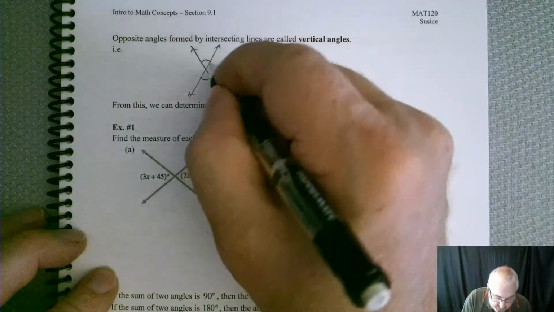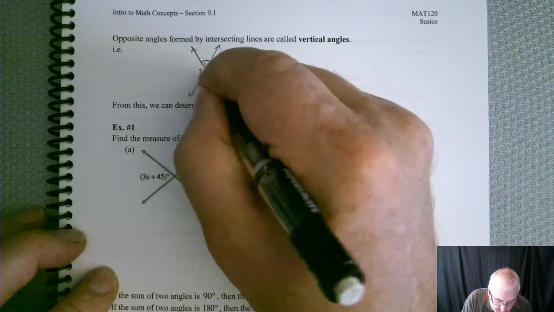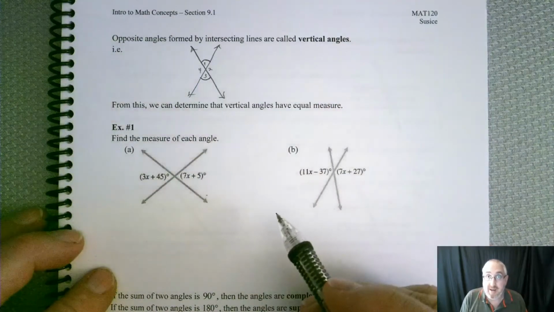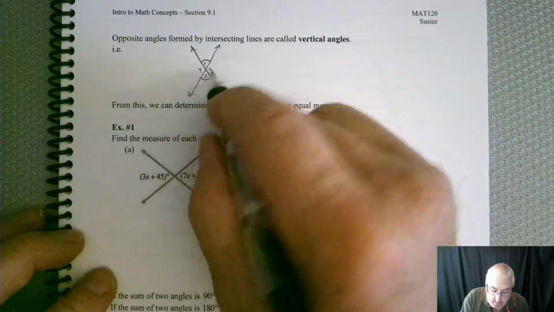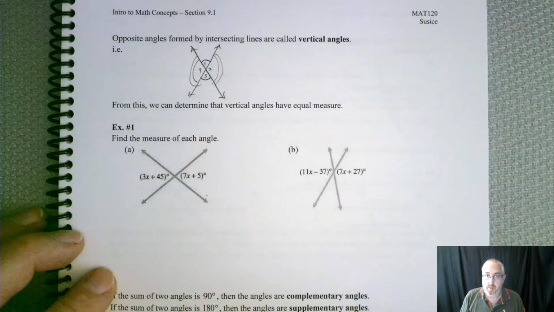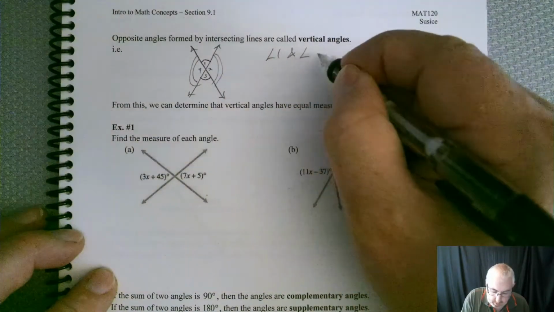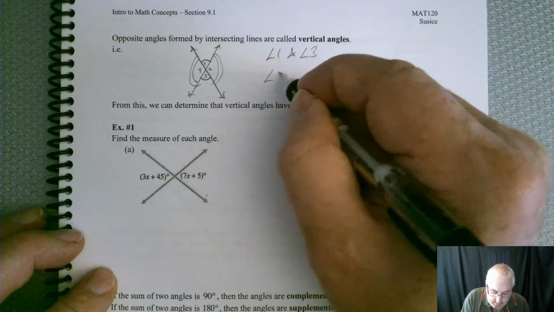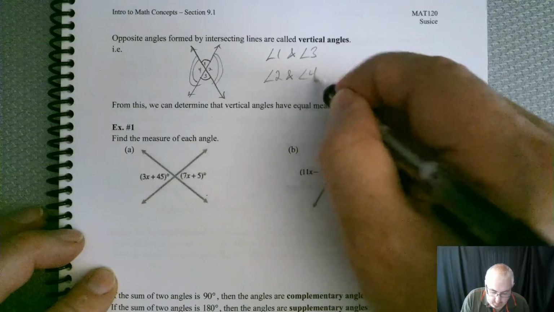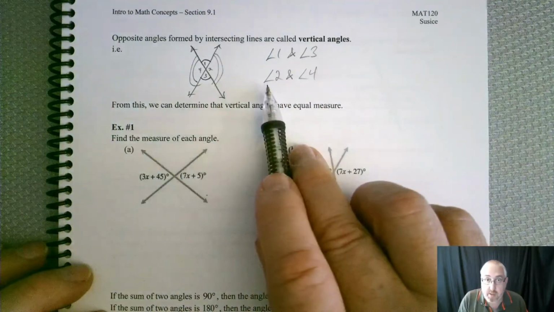So now let me just number them for ease. I'm going to say this is 1, 2, 3, and 4. So 1 and 3 are considered vertical angles, but 2 and 4 are also. So those are also vertical angles. So angle 1 and angle 3 and angle 2 and angle 4.